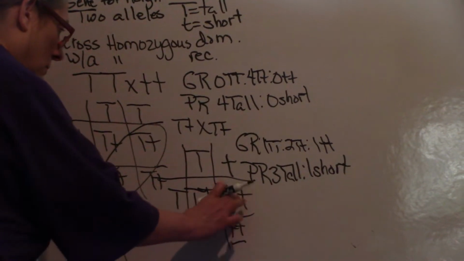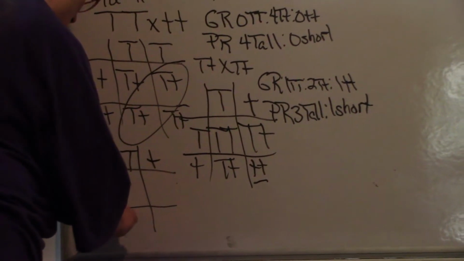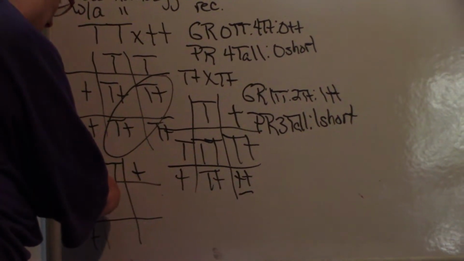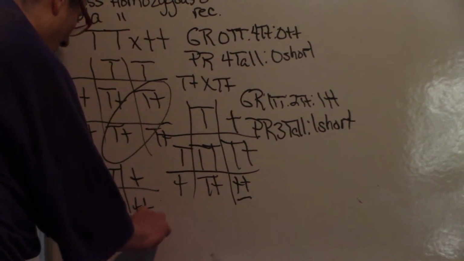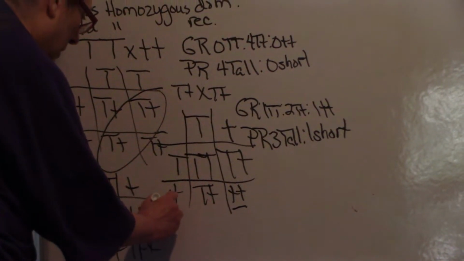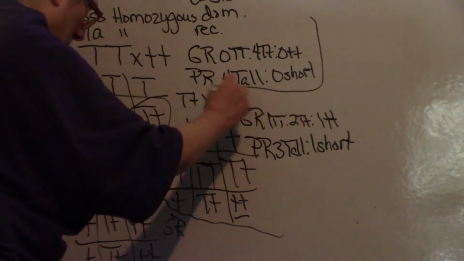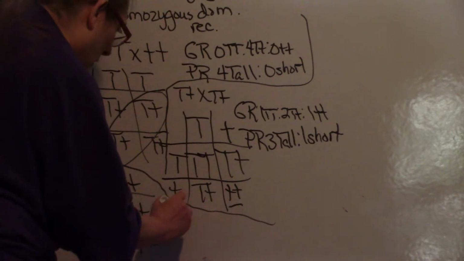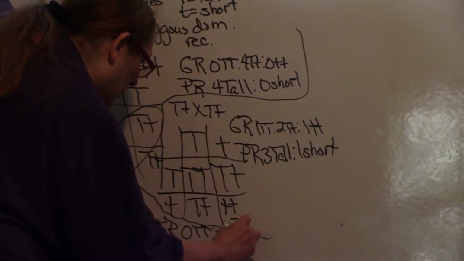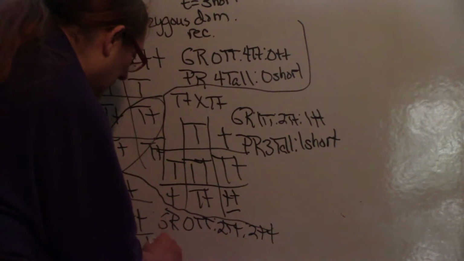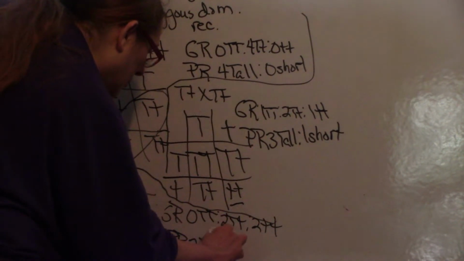If we're looking at these genotypes, when we test cross them with a homozygous recessive, we get a genotypic ratio. Let's make sure that you keep these together. A genotypic ratio of 0 big T big T, 2 big T little t, and 2 little t little t, and a phenotypic ratio of 2 tall to 2 short.